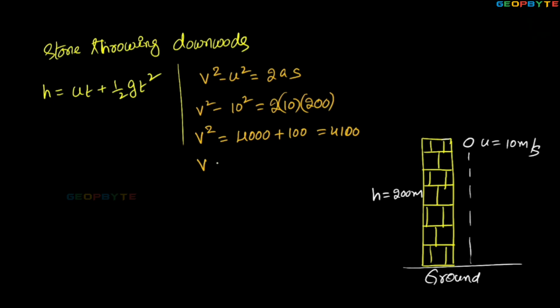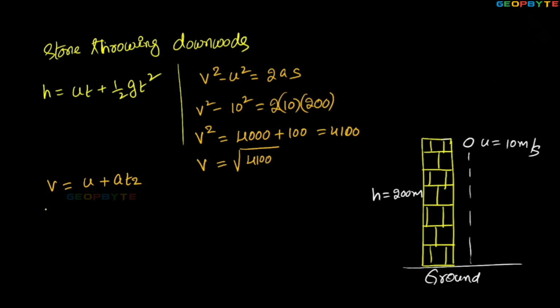v square equal to this 4100. Okay, let it be v equal to root over 4100. This v equal to u plus gt2.